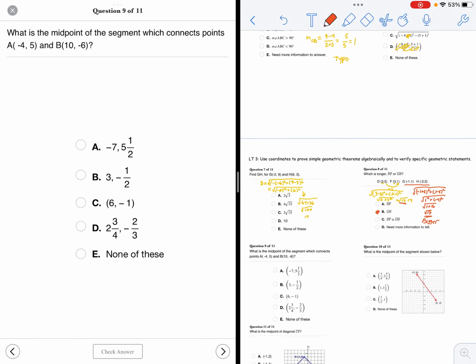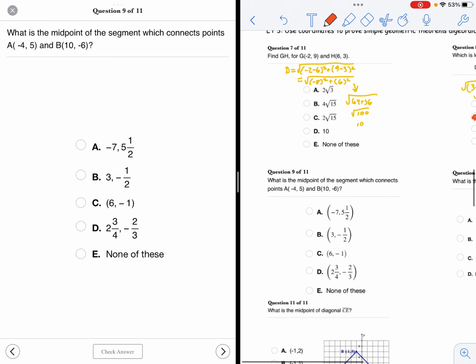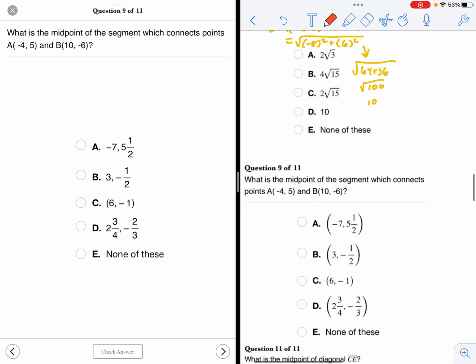Now we get a good old midpoint one. Sweet. Midpoint.